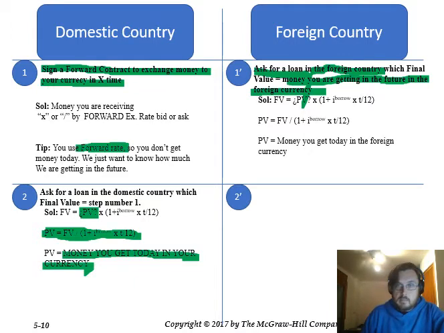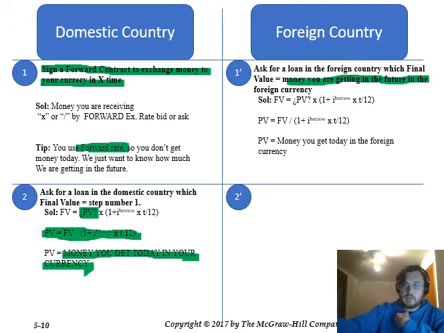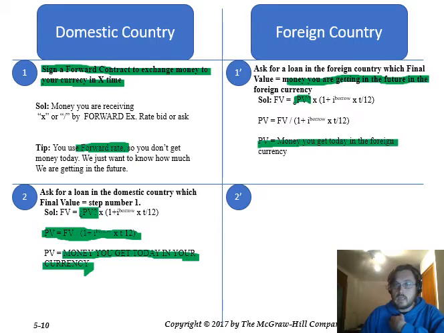Same idea: the final value is the money that we are getting paid in the future. The present value, we don't know, so let's calculate that. That present value is going to be the money that you get today, but in the foreign currency.